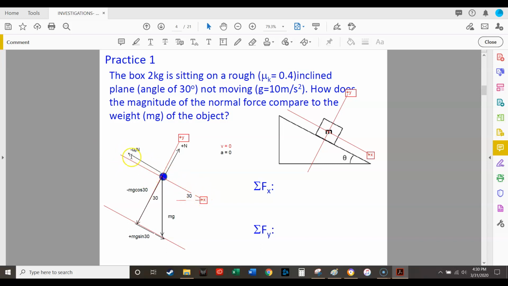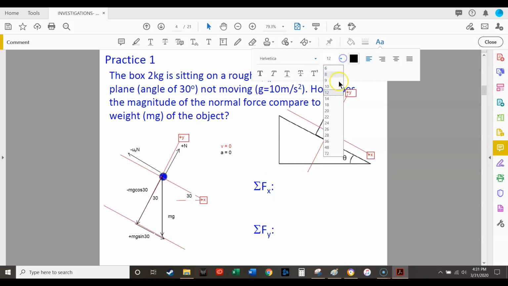I can see I have one vector pointed up the plane, parallel to the plane surface, and another pointed down the plane. I've got those directions labeled, so I'm going to copy that over here and make the text larger so it's easier to look at.